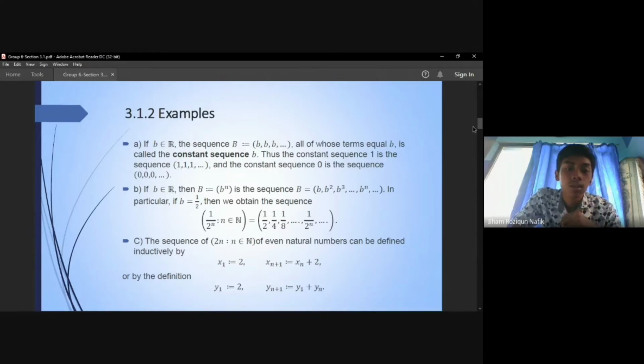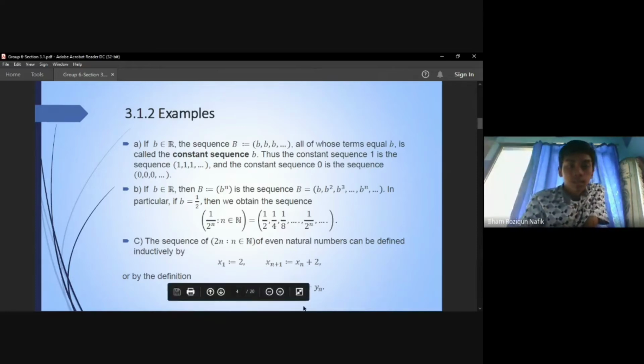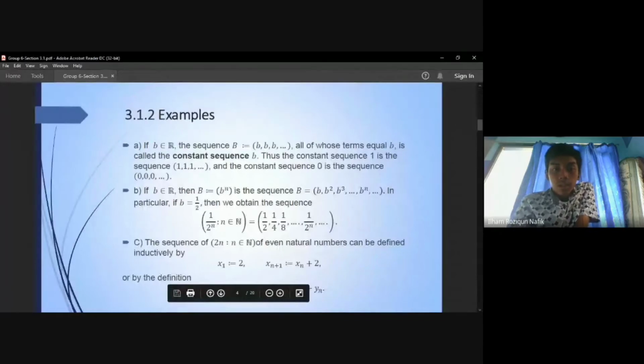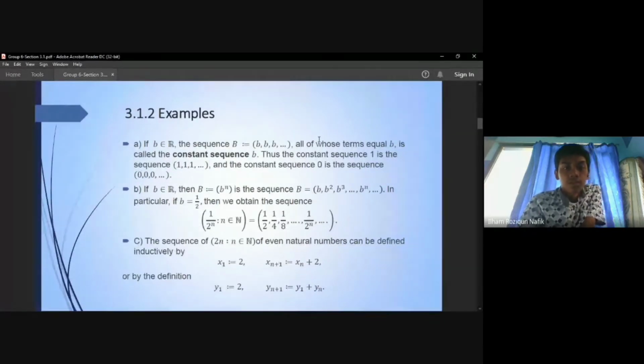In particular, if b equals a half, then we obtain the sequence (1/2) power n for n an element of the natural numbers. So it equals a half, a quarter, 1/8, and so on.